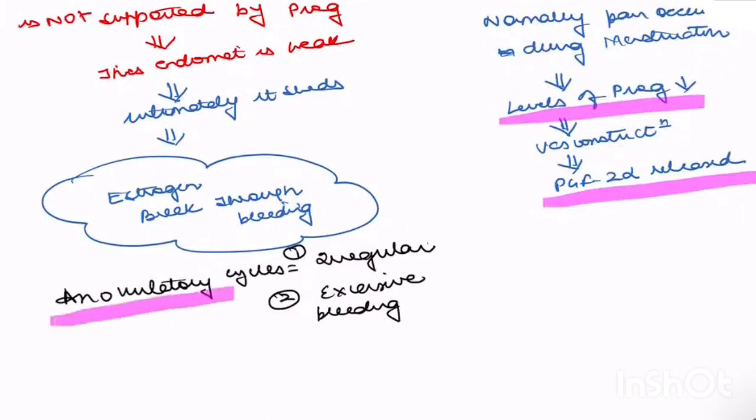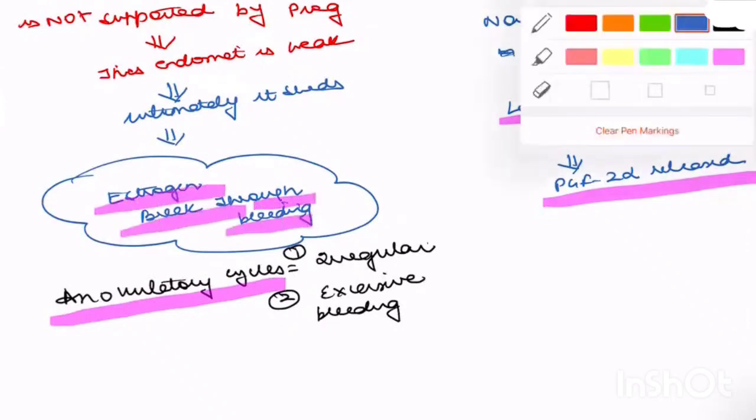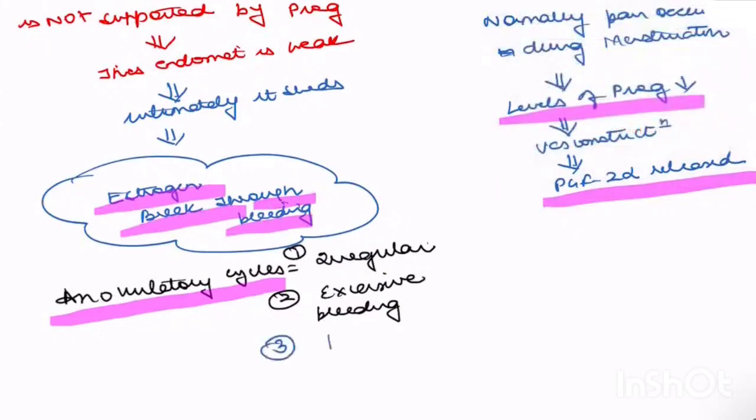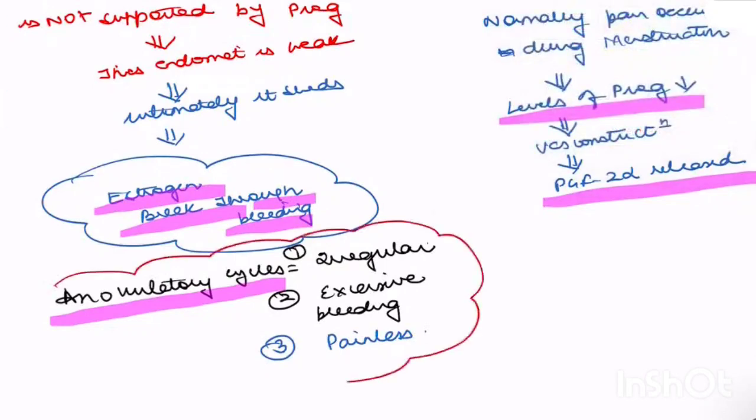अब एनओव्यूलेटरी साइकिल्स में प्रोजेस्टेरॉन से कोई रिलेशन नहीं है. एनओव्यूलेटरी साइकिल्स में ब्लीडिंग हो रही है क्योंकि ईस्ट्रोजन ज्यादा हो रहा है. दैट इज व्हाई एनओव्यूलेटरी साइकिल्स आर पेनलेस. क्लियर? सो दिस इज कैरेक्टरिस्टिक ऑफ एनओव्यूलेटरी साइकिल्स. एनओव्यूलेटरी साइकिल्स में ब्लीडिंग हैपेंस नॉट ड्यू टू प्रोजेस्टेरॉन विड्रॉल.